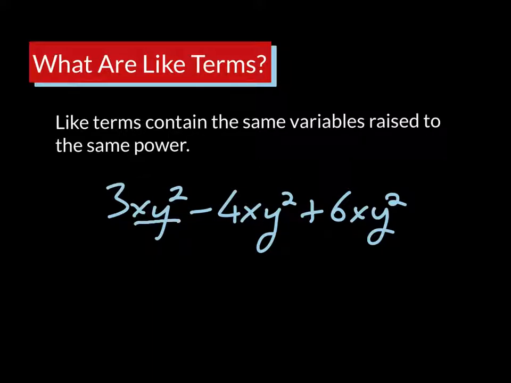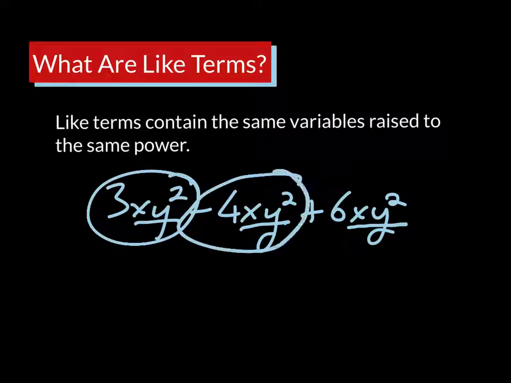The second term also has the variable x with no exponent and y squared. And the third term, same thing, x with no exponent and y squared. So all of these, 3xy squared and minus 4xy squared and plus 6xy squared, are like terms.